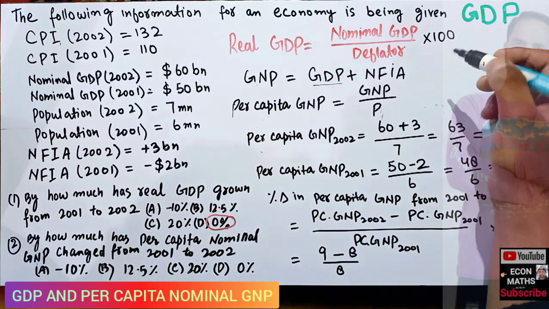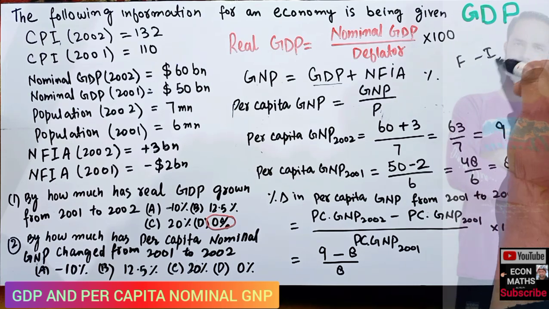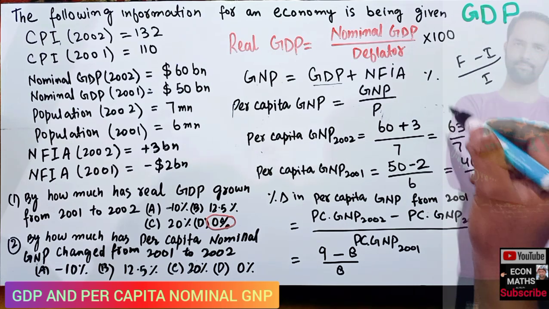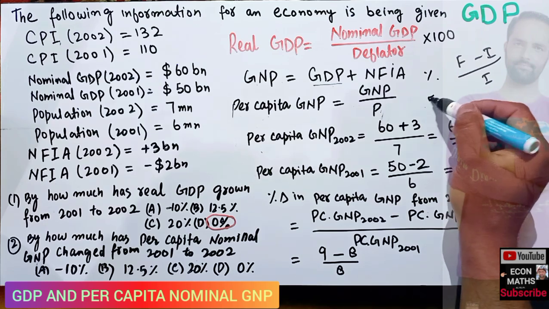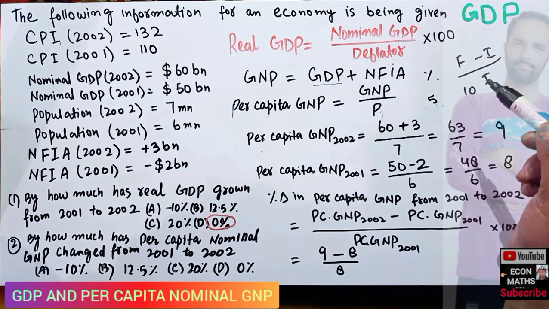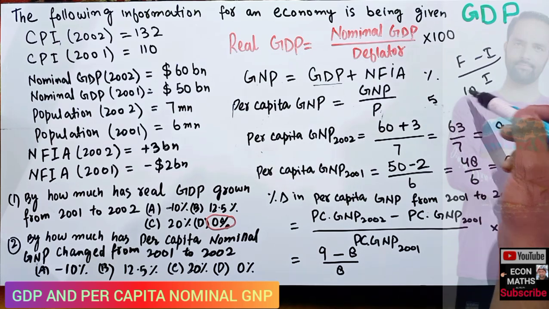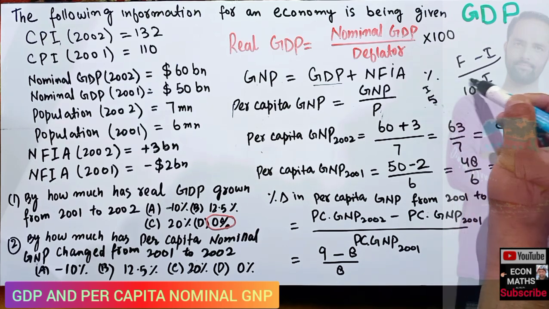Whenever you calculate the percentage, you write the final value minus initial value upon initial value. Let's say we have two numbers, 5 and 10, and I want to see the percent increase from 5 to 10. This is our initial value and this is our final value.